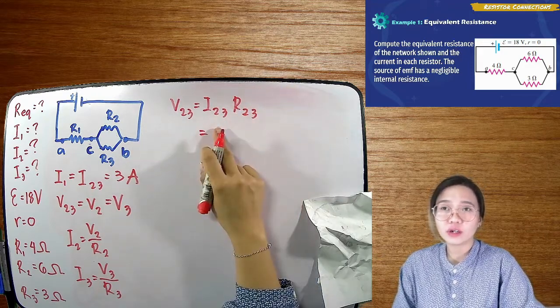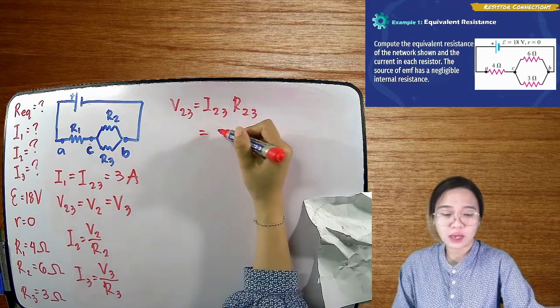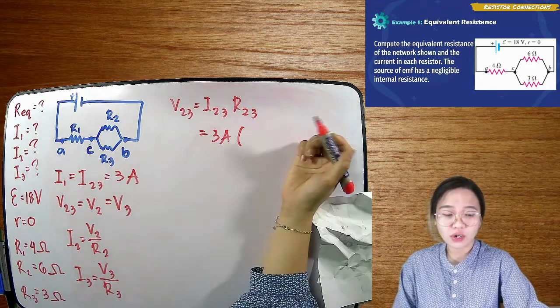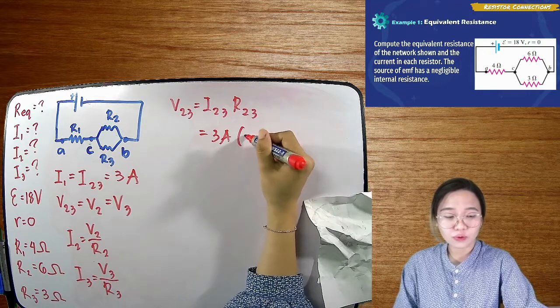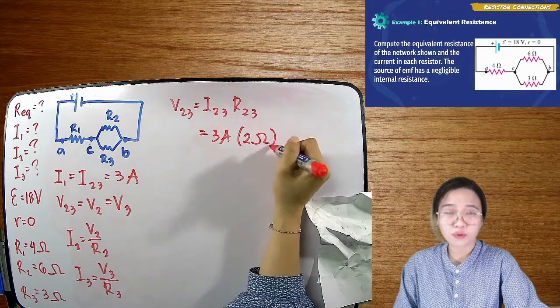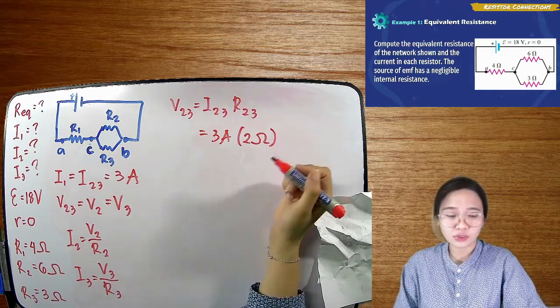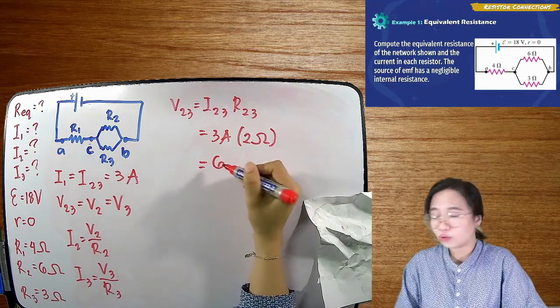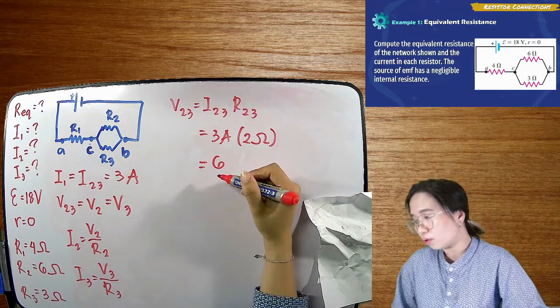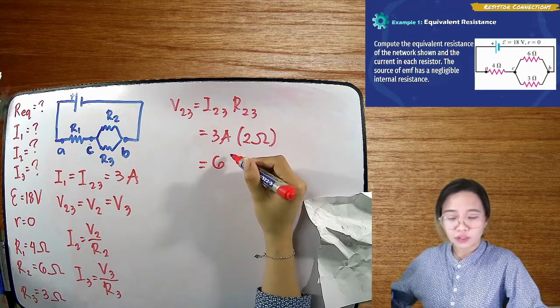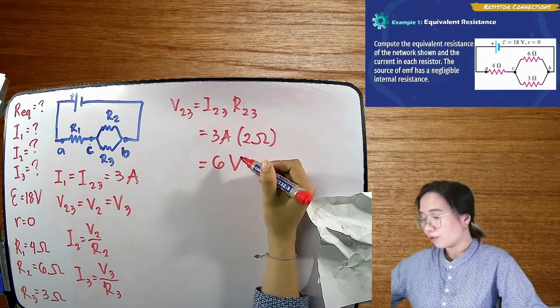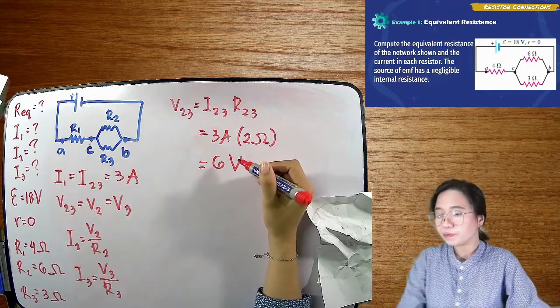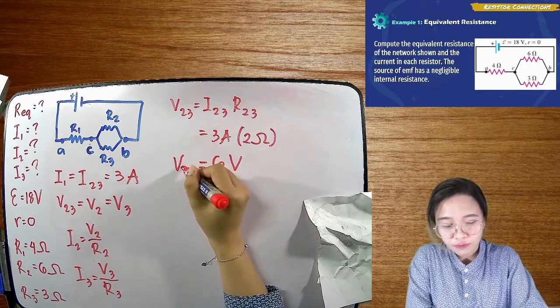Your current I23 is 3 amperes and your R23 is just equal to 2 ohms, in our previous calculation. So now we have that your V23 is just equal to 6 volts. So that is our V23.